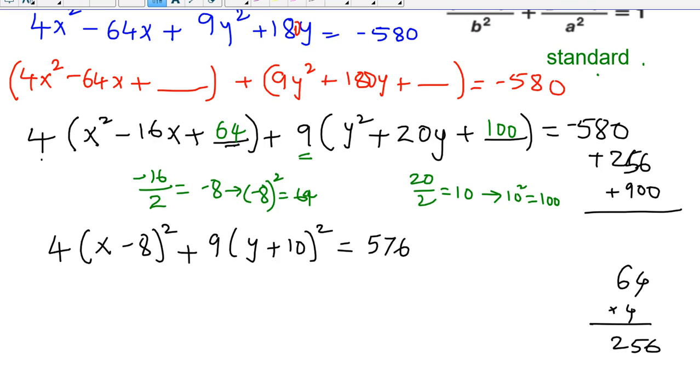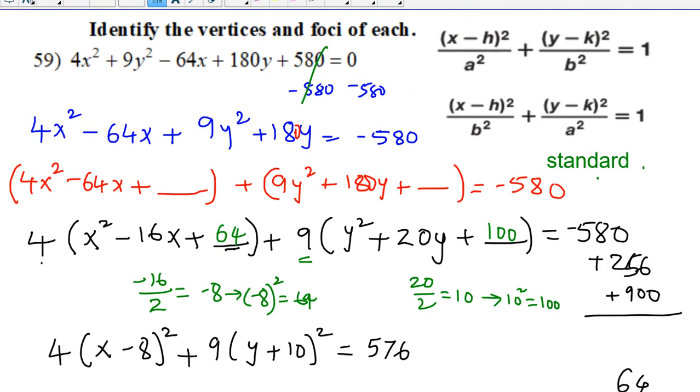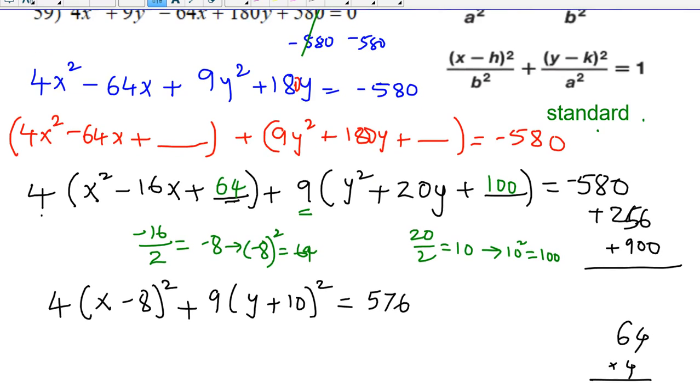But in the standard form of the ellipse, here we have 1 on the right hand side, and also beside this (x minus h) whole square and (y minus k) whole square, there is no numerical coefficient. Like here you have 4 and that is 9. We have to get rid of those two numbers, as well as this 576 must be changed to 1. So how do you do that?